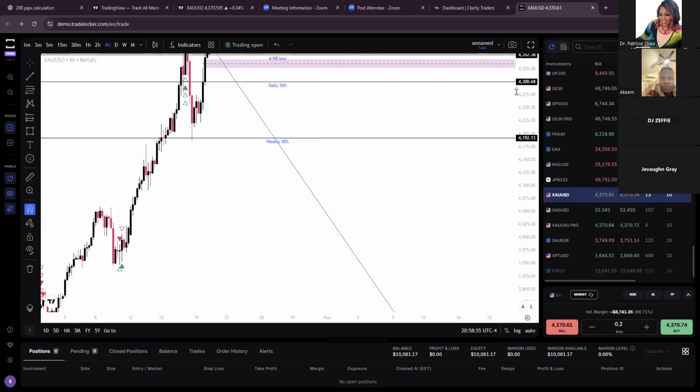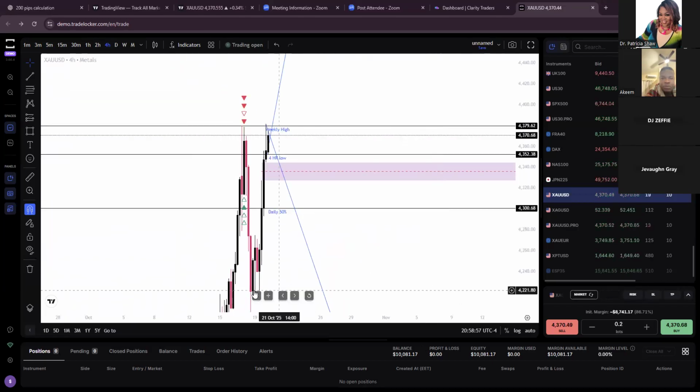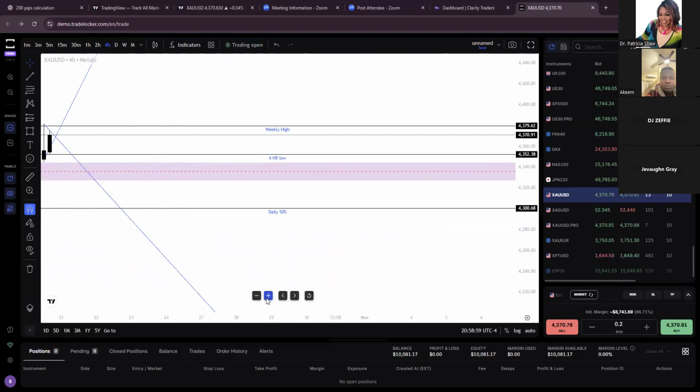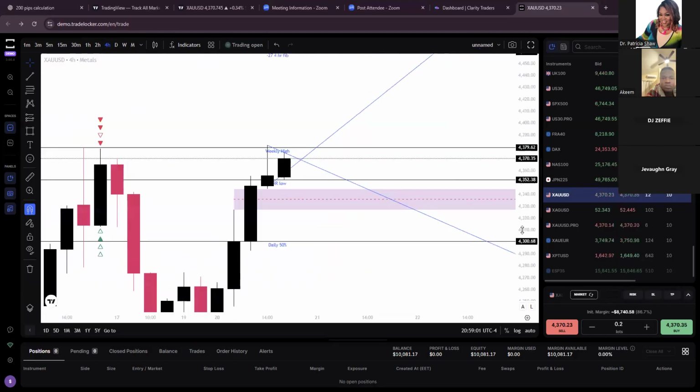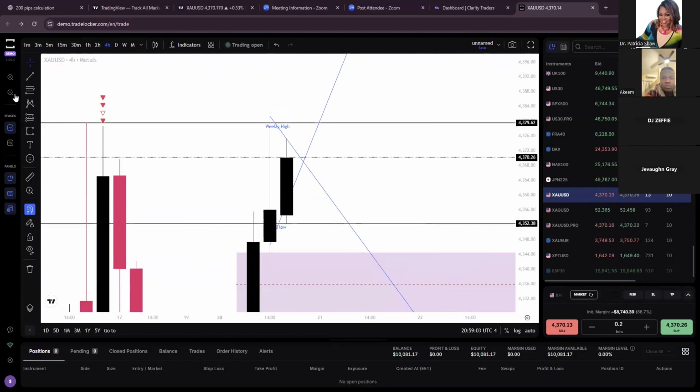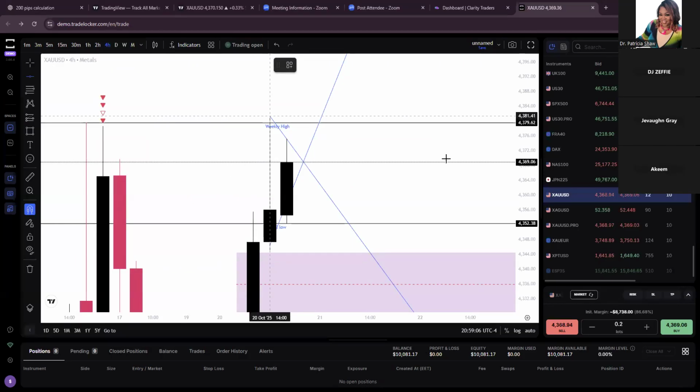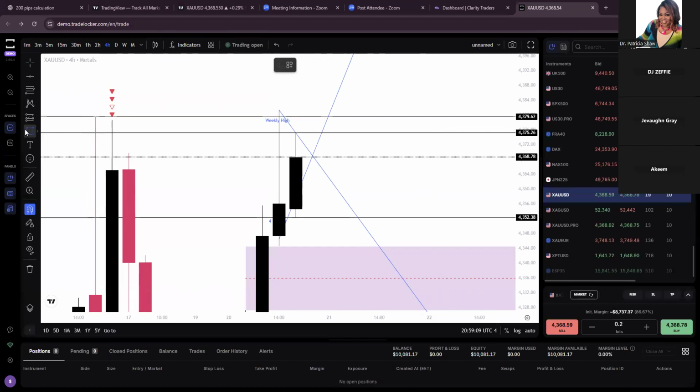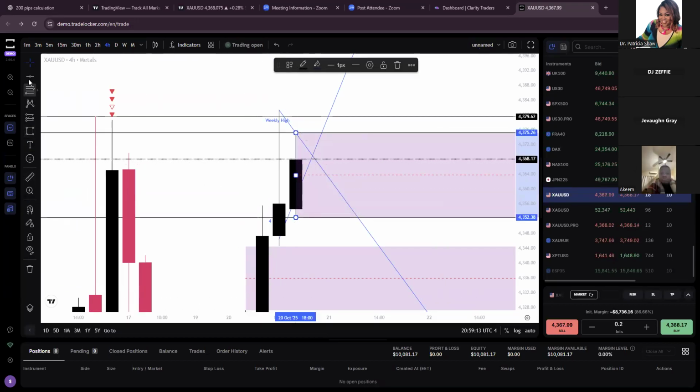All right, so we can mark off our high. We got 2 minutes left on this 4 hour. And then 50% of the 4 hour. So the high, the low, and the 50% of the 4 hour candle.